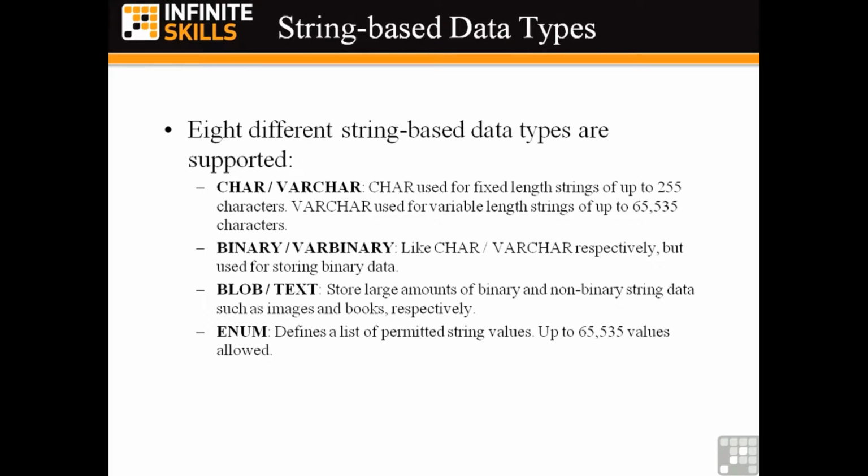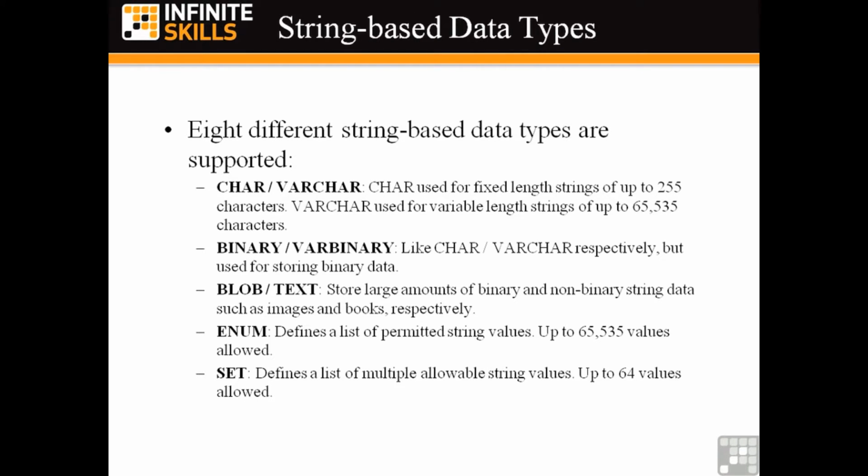Believe it or not, the enum type can store up to 65,535 values. Finally, the set type operates in a manner similar to enum, in that you can store a list of acceptable string values, with the difference being it's possible to store multiple values rather than just one.